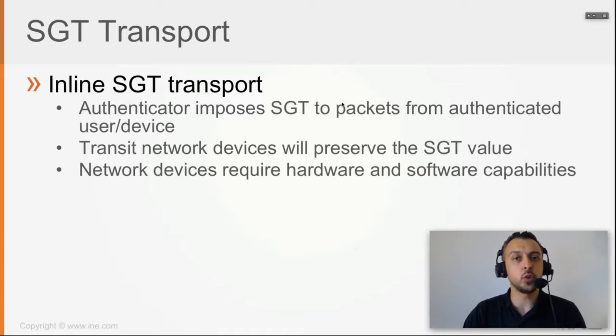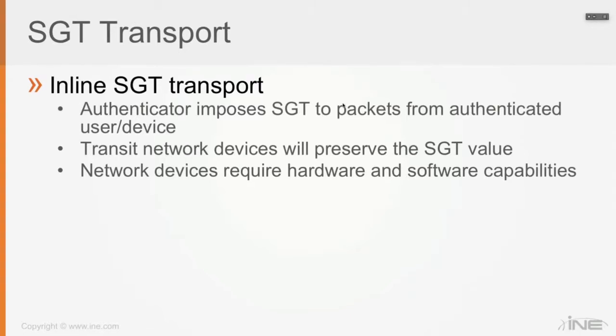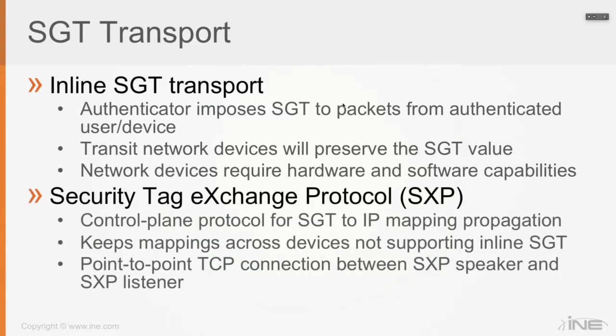But for this to work, the authenticator requires both hardware and software capabilities. So for that reason, not all devices have this capability, which means we have a new protocol which is called Security Tag Exchange Protocol, SXP, which is used to fix this problem when the authenticator cannot impose the tag value received from ICE.